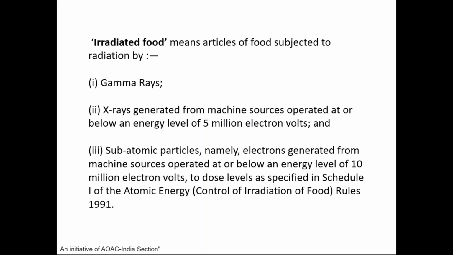So you see, it defines what an irradiation is. So what is an irradiated food? It says it's a food which is irradiated with either gamma rays or X-rays generated from machine sources at or below 4 million electron volts, or it is irradiated by subatomic particles, namely electrons, which are generated from machine sources operated at or below a level of 10 million electron volts, to those levels as specified by our atomic energy rules and regulations.